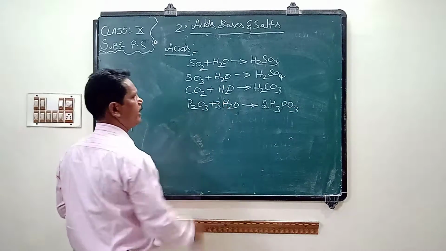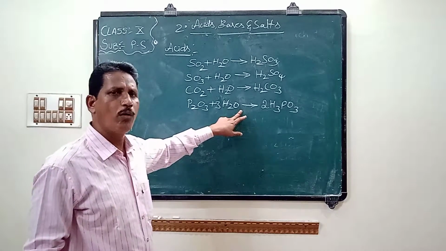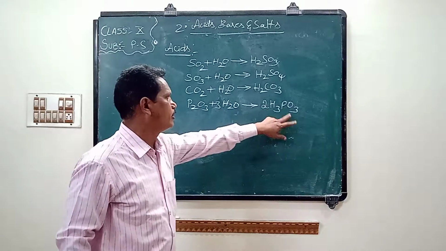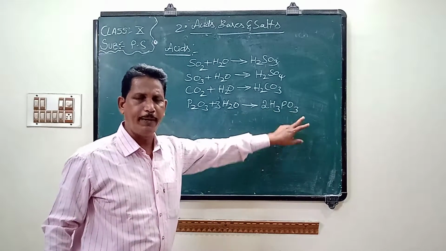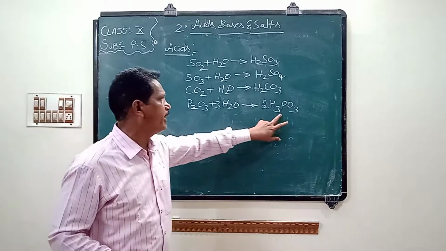So P2O3 plus 3H2O: three molecules of water form two molecules of H3PO3, phosphorous acid.